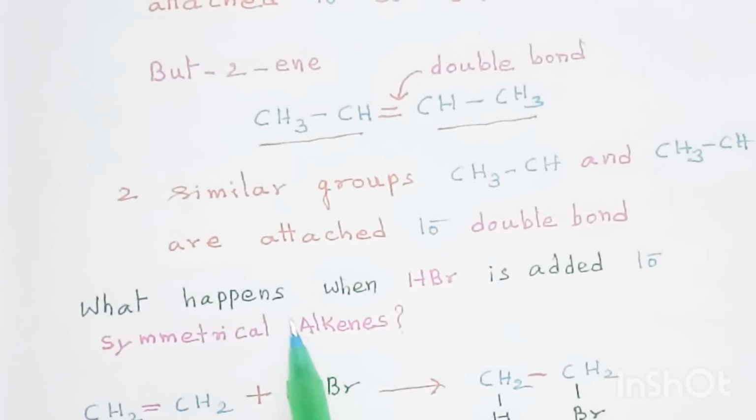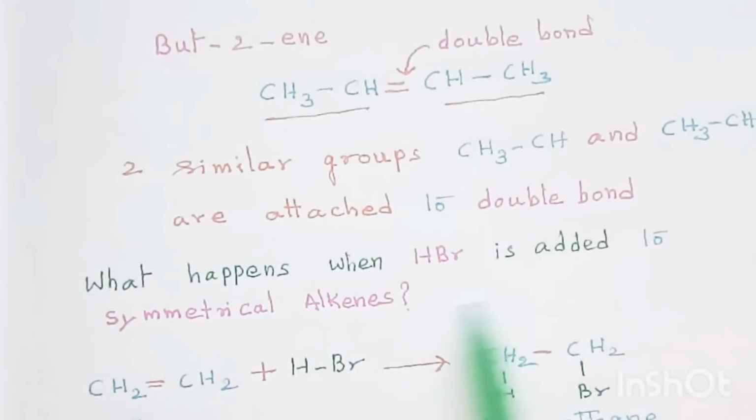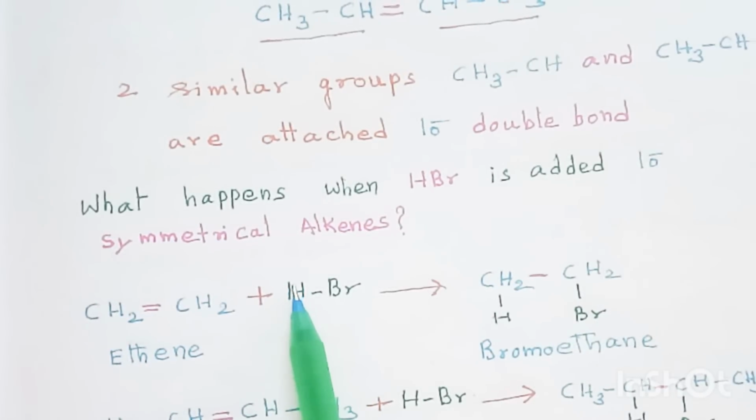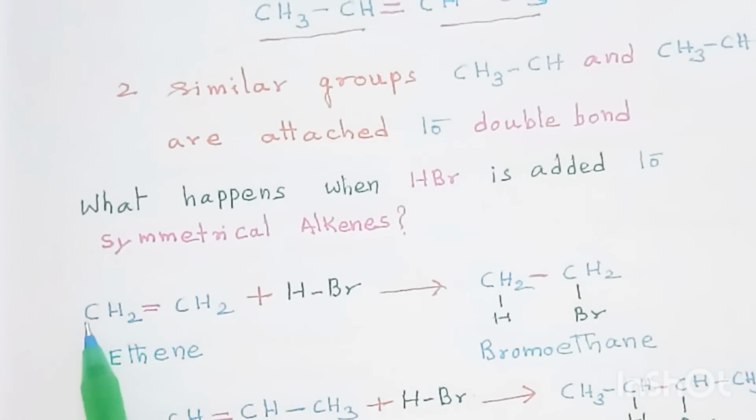Let's see what happens when HBr is added to symmetrical alkenes. When a symmetrical alkene like ethene, CH2, CH2, is taken and HBr is added to it, this hydrogen can go to this carbon atom and form bromoethane like this.